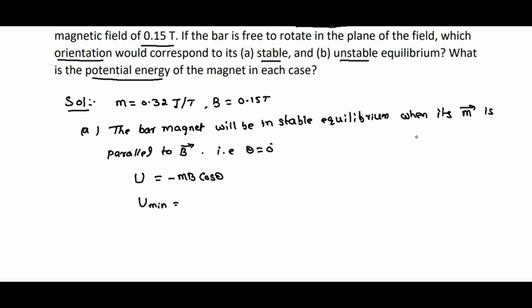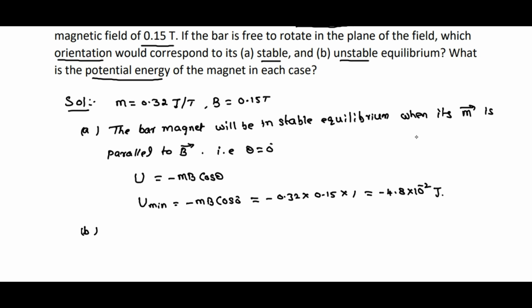That is possible only if theta is 0, so cos of 0 degrees, that is equal to minus 0.32, B is 0.15, cos of 0 is 1, that is equal to minus 4.8 into 10 power minus 2 joule.